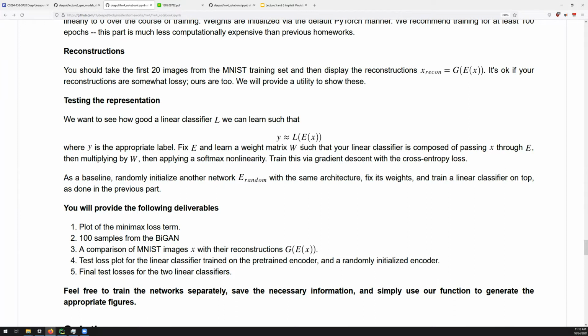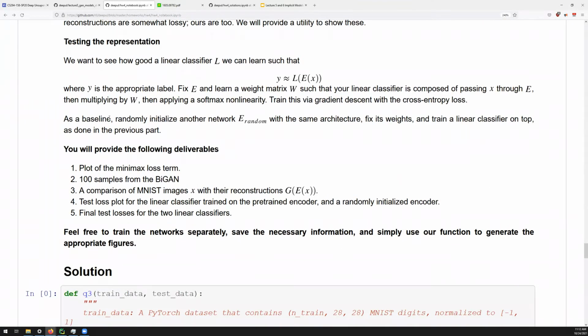Fix E and learn the weight matrix W, such that your linear classifier is composed of passing X through E, multiplying by W, and applying a softmax nonlinearity, using cross entropy loss. We also have a baseline with a randomly initialized random encoder with the same architecture.